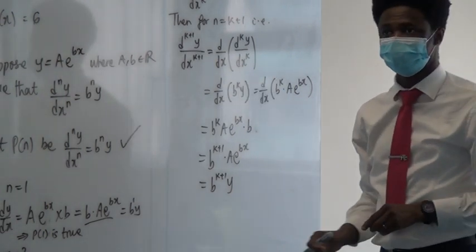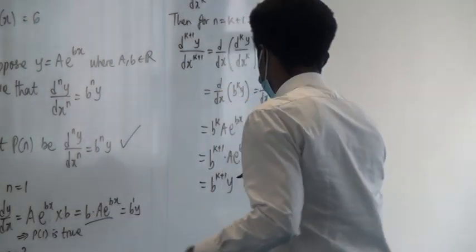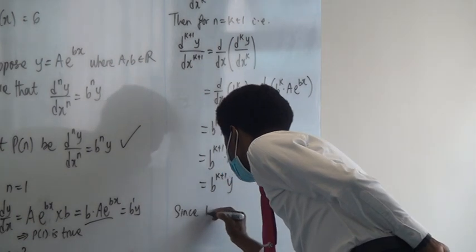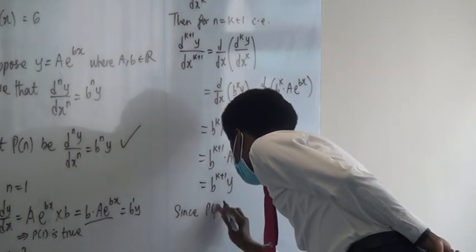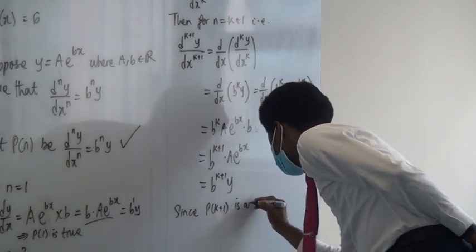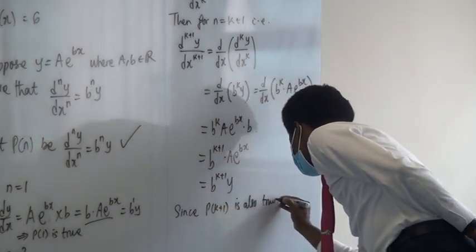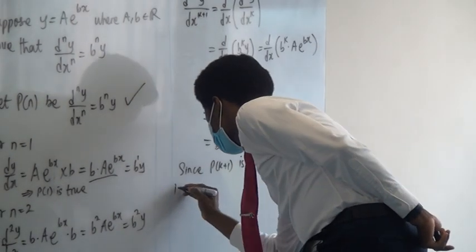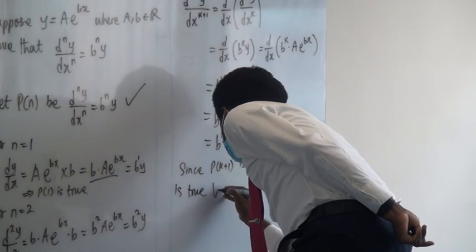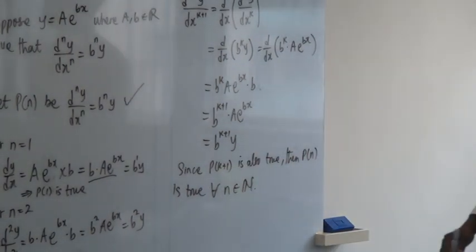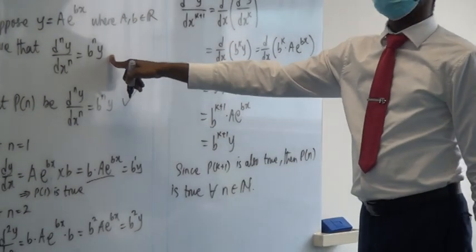Understand? Okay? That is where we will stop for today. I will write the conclusion: since P(k+1) is also true, then Pn is true for all n in natural numbers, right? That's the conclusion. So this is enough, or you can say, therefore, this is true for all n.